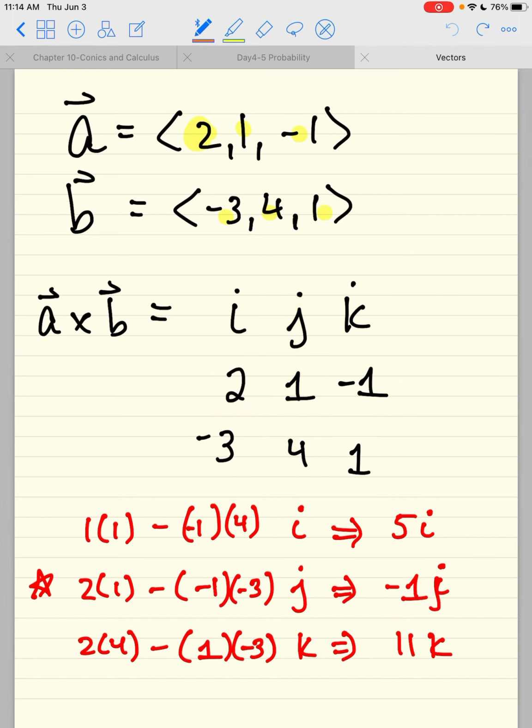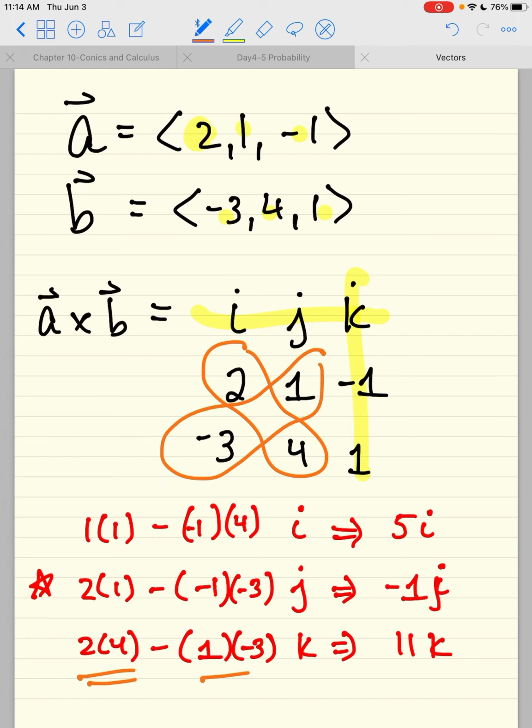And then finally, to get the third one, it's just going to be this times this minus this times this, and this one will stay. So the cross product for this is just the vector 5I minus 1J plus 11K.